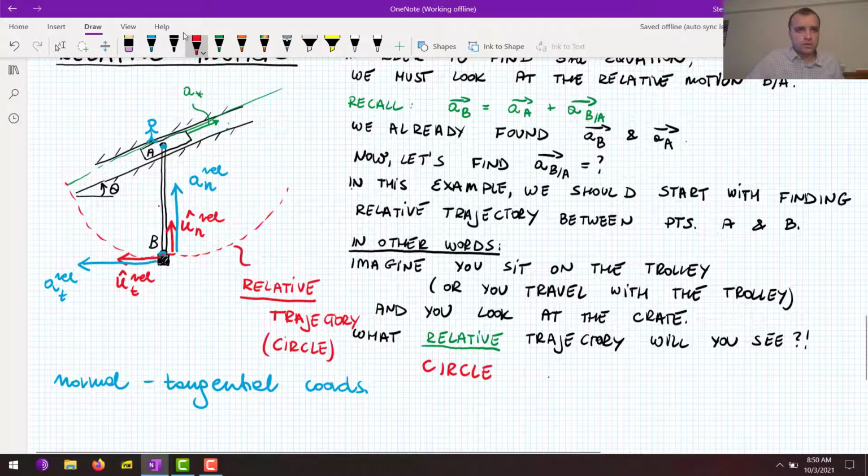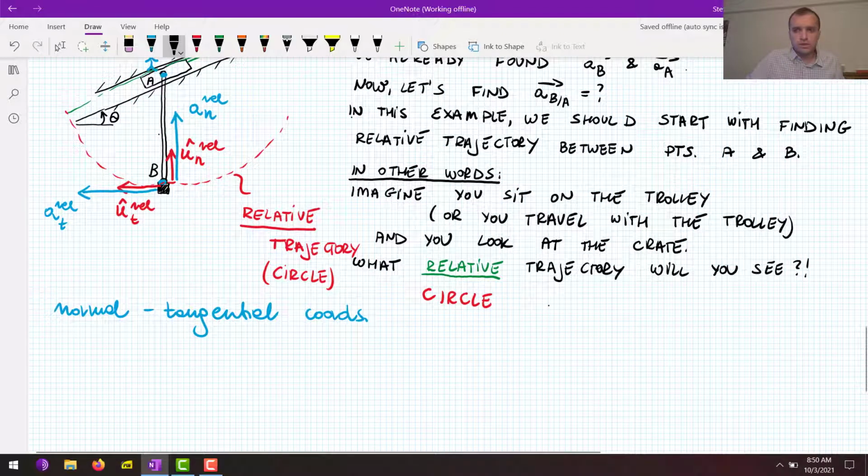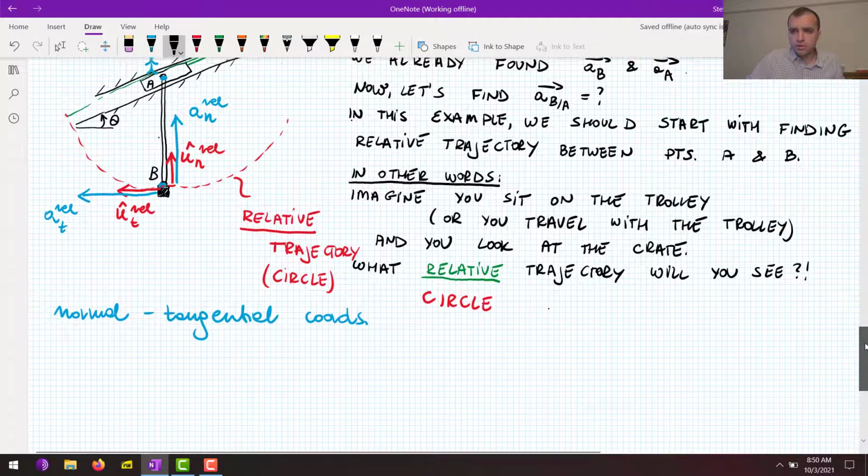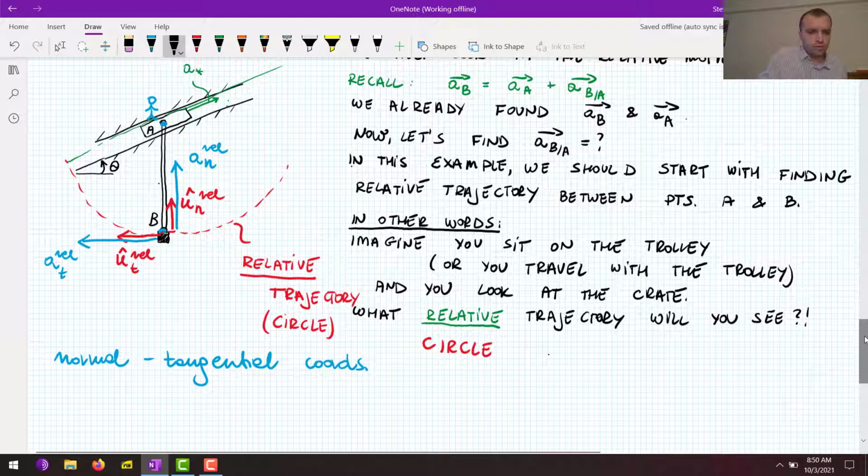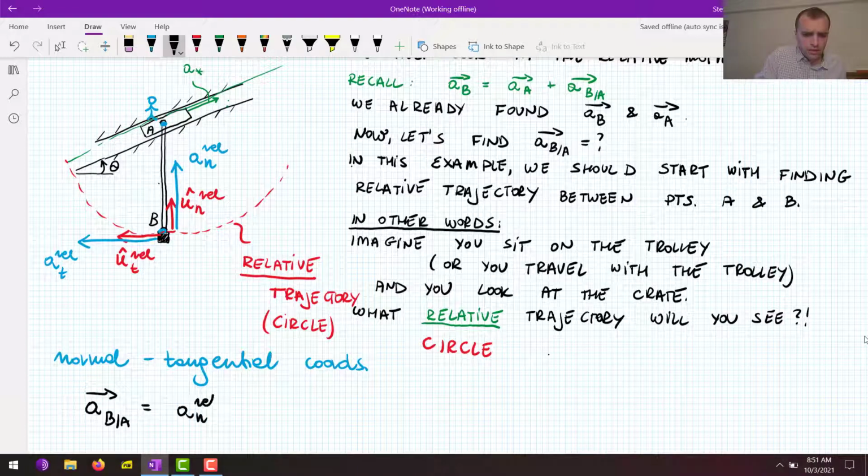All right, so let's write this down in mathematical form. So our A_B/A is equal to a_t relative u_t plus a_n relative u_n.